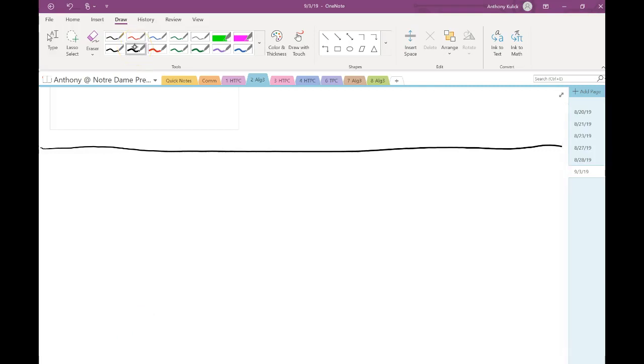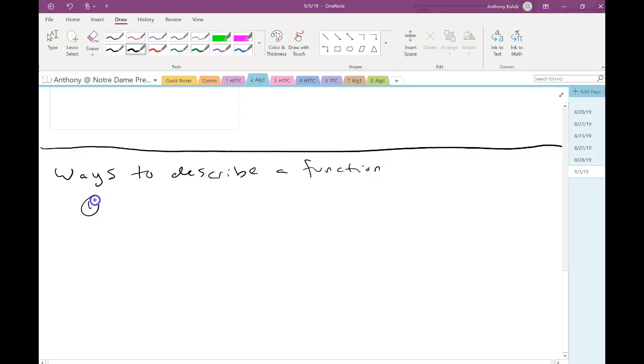Okay. So we've been talking about ways to describe a function for several days now. We've talked about domain and range.